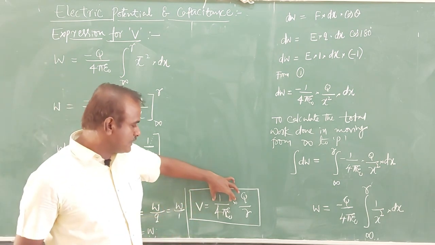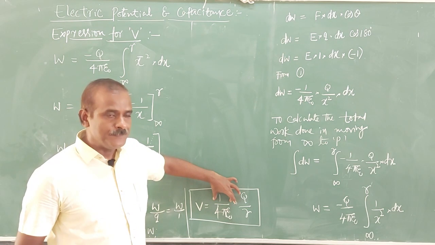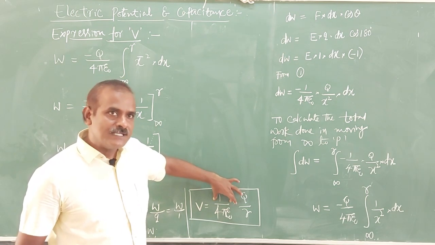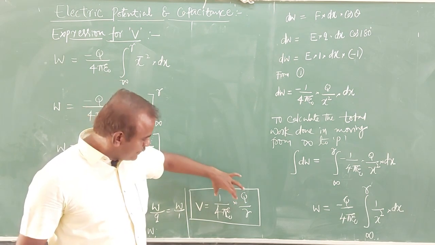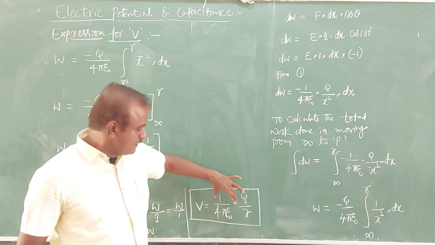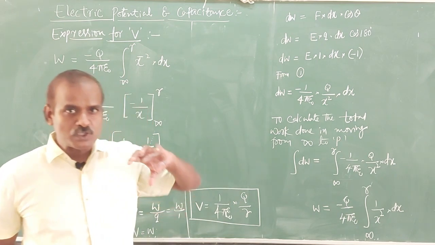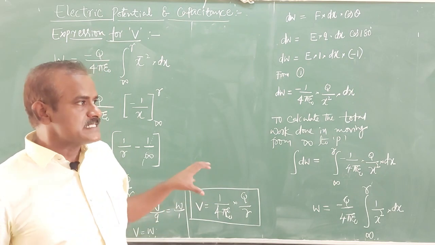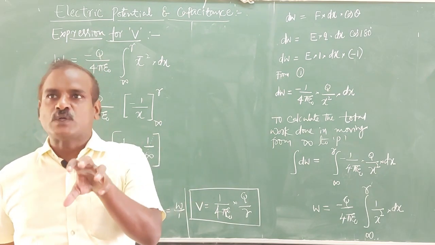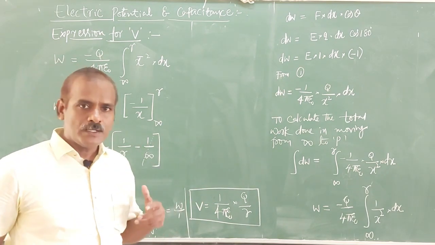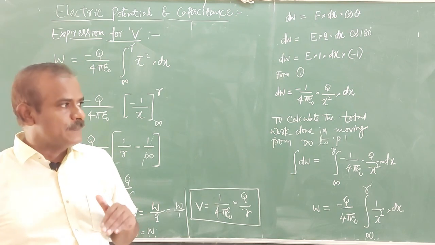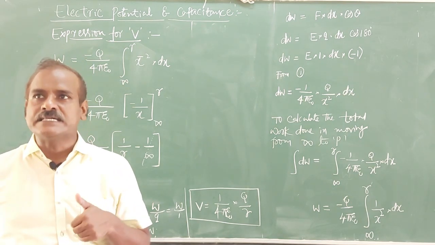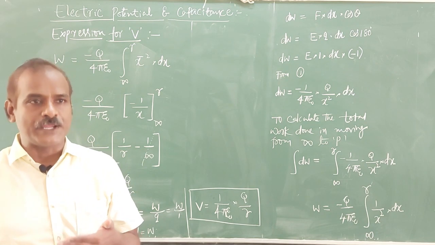And of course, potential also depends on the medium. Similar to force and field, potential also depends on the surrounding medium. This is the formula with respect to air or vacuum. However, the same can be modified if it is other than air or vacuum.